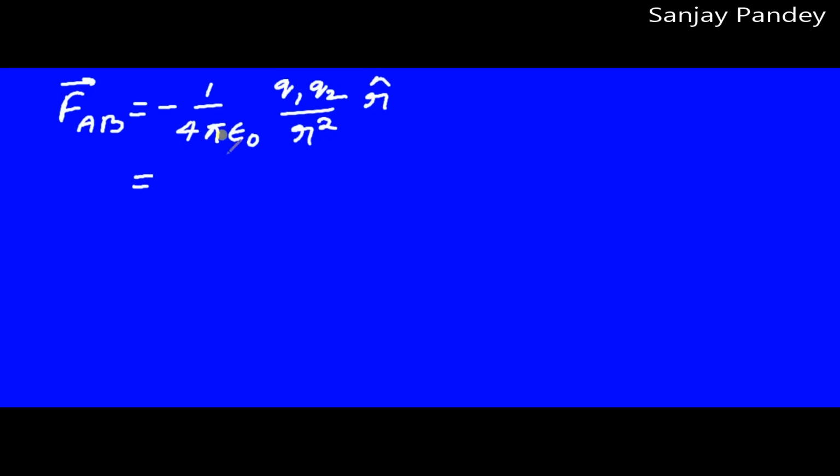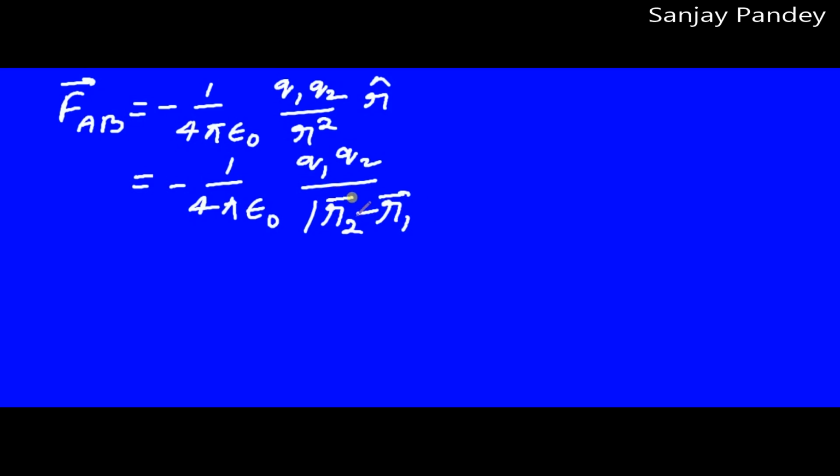Substitute these values here. 1 upon 4 pi epsilon naught Q1 Q2 upon r square. The value of r is magnitude of r2 minus r1, square, into r cap. The value of r cap is (r2 minus r1) upon magnitude of (r2 minus r1).